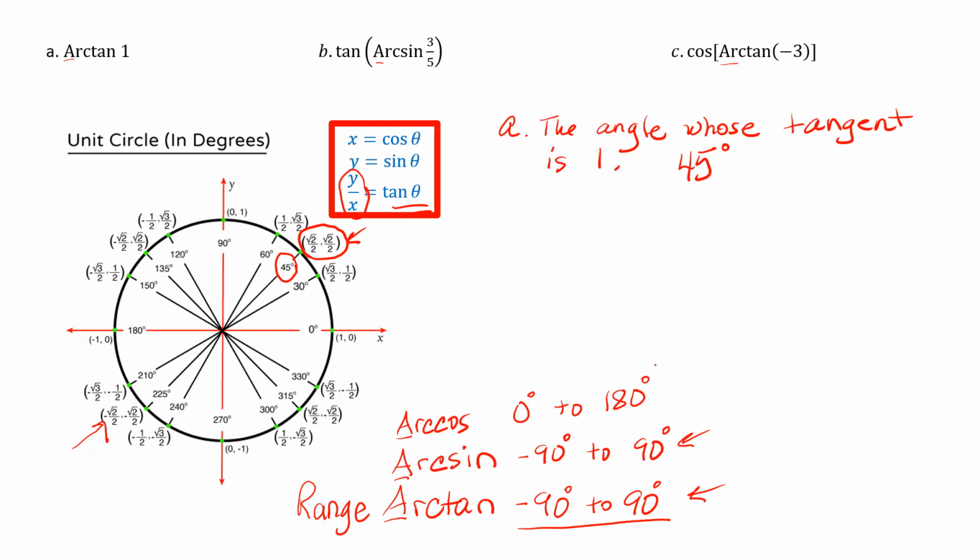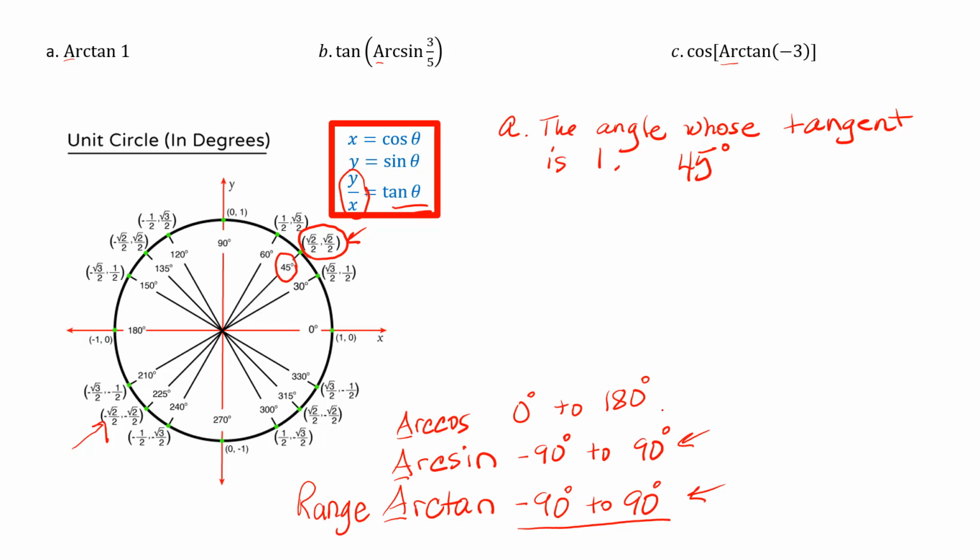The reason for that is that if we only used negative 90 to 90 for the angles whose cosine was something, we would never be able to have any negative cosines, because cosine is always positive between negative 90 and 90. So we have to use 0 to 180 for our cosine.